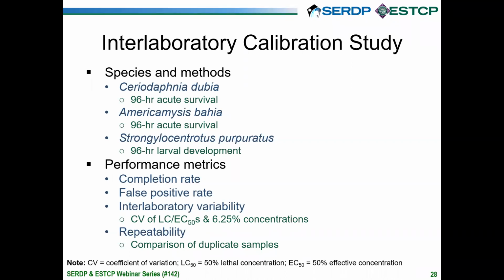Precision was evaluated by looking at the coefficients of variation for different endpoints for each of the test methods that we evaluated. And repeatability was a comparison of duplicate samples. So samples 4 and 5 of these blind samples were both positive controls and duplicates of each other, which were just spiked laboratory seawater with copper.